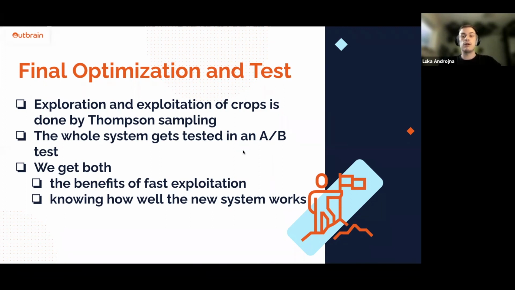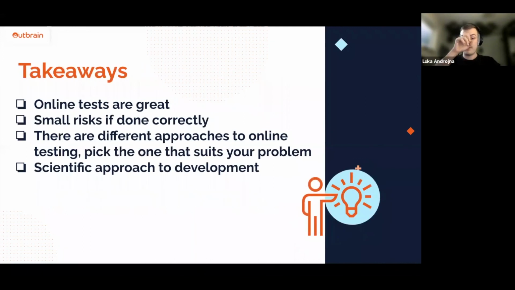And then we also wrapped the whole system with an A/B test to actually be able to compare business metrics between no optimization versus using the optimization. That kind of gave us the best of both worlds, right? We get the benefits of fast exploitation and also knowing how well the whole system works.